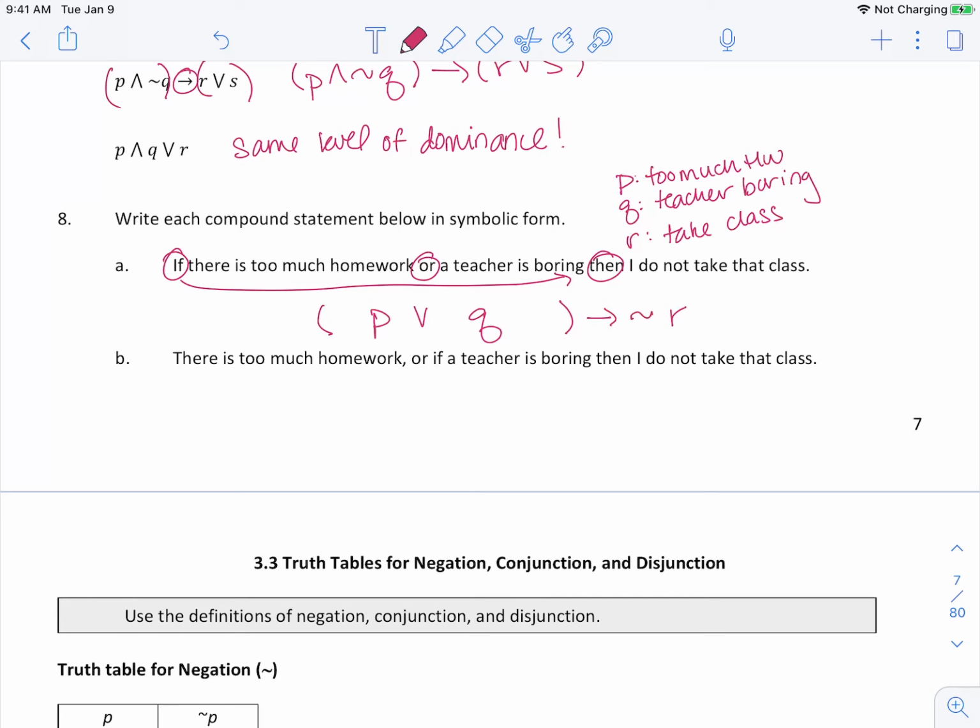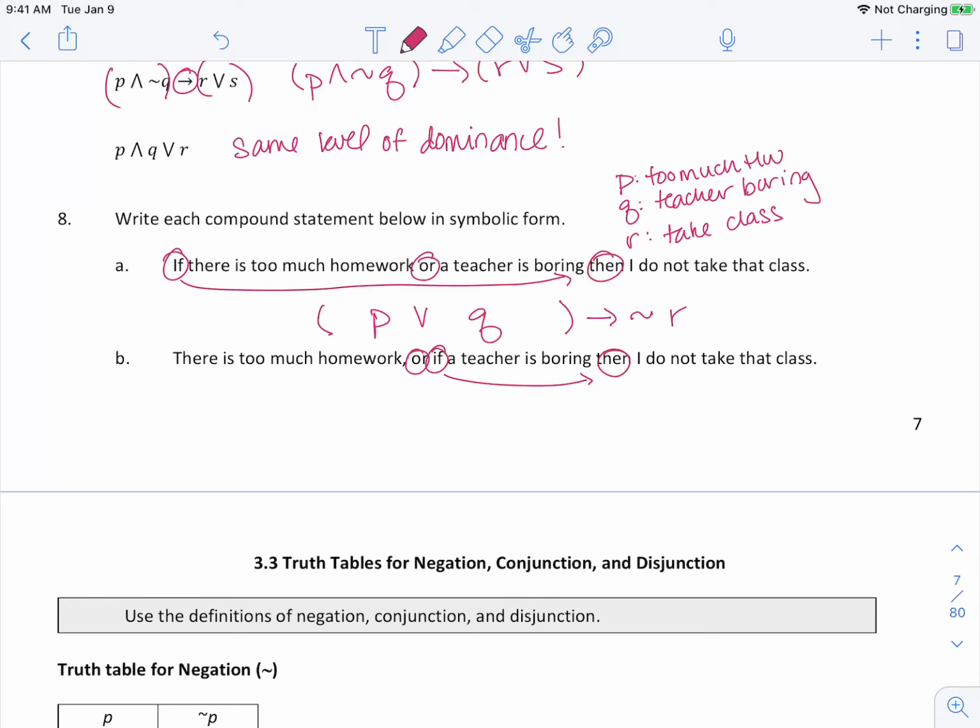For our last one here, it says there's too much homework, comma, or if a teacher is boring, then I do not take that class. So I have or. We also have the if then statement, and again, that goes together.